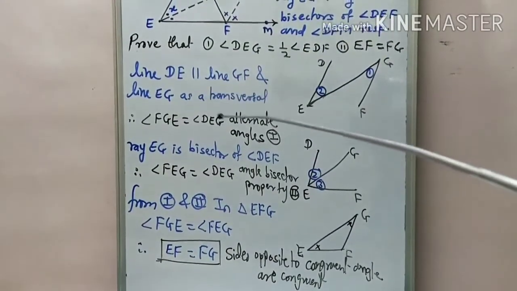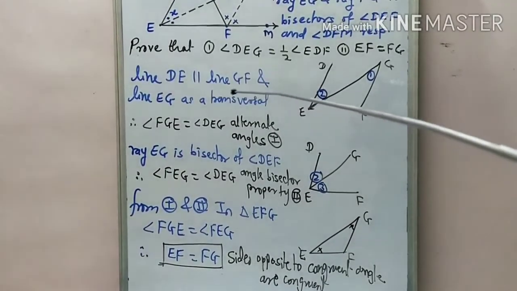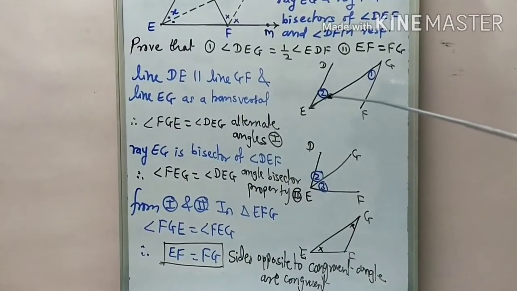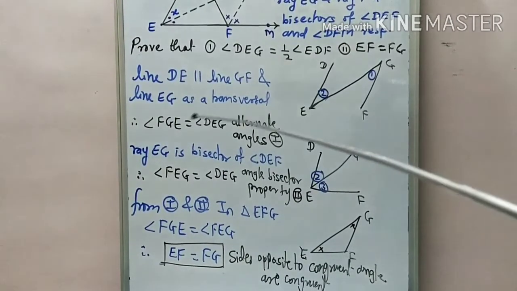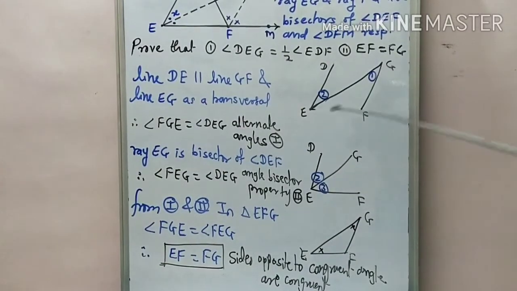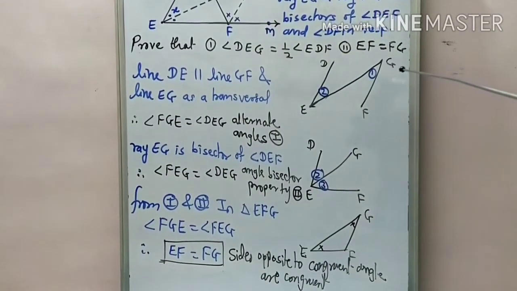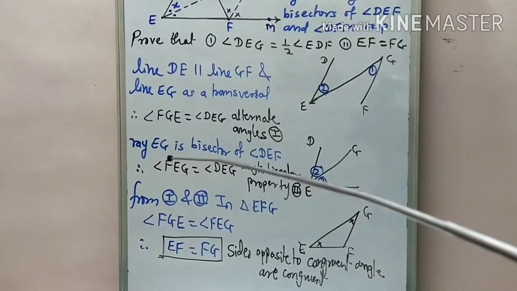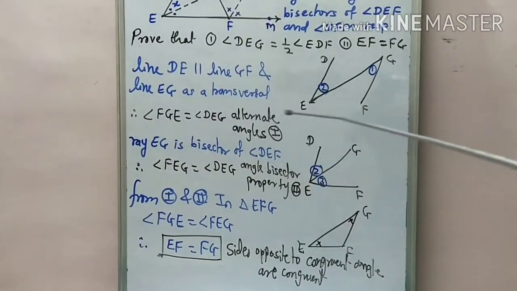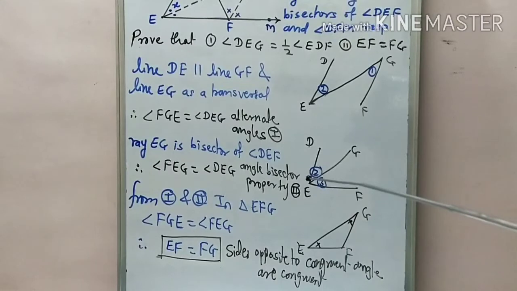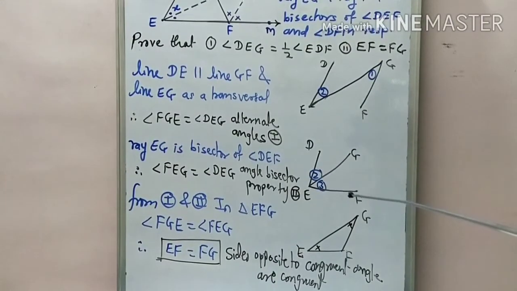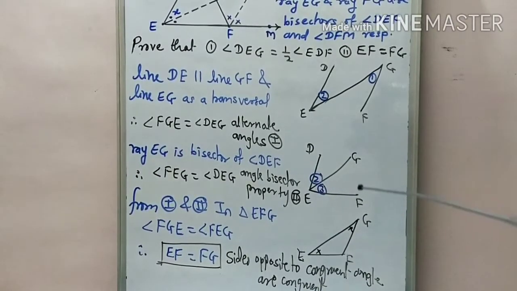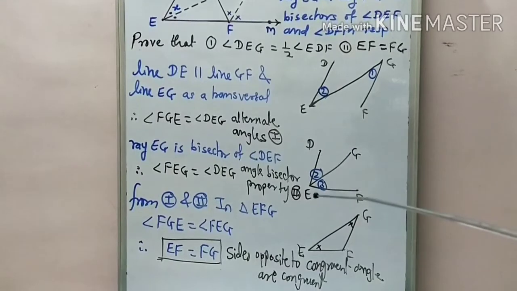First we take that DE is parallel to GF and EG as a transversal, so the first and second ones are the alternate pair, that is, angle FGE is congruent with angle DEG, by the alternate angle theorem, number it as 1. Then using the angle bisector property, that this ray EG is the bisector of angle DEF, we get two congruent angles, angle FEG and angle DEG.